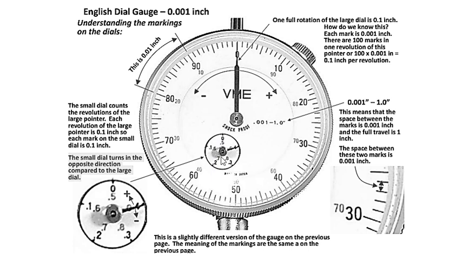All of them added together, 0.1, 0.2, 0.3, all the way to here, give you 1 inch. I've already showed you that. This is just a slightly different UK dial gauge from the previous example, but it's the same thing we're trying to show you with a different example.